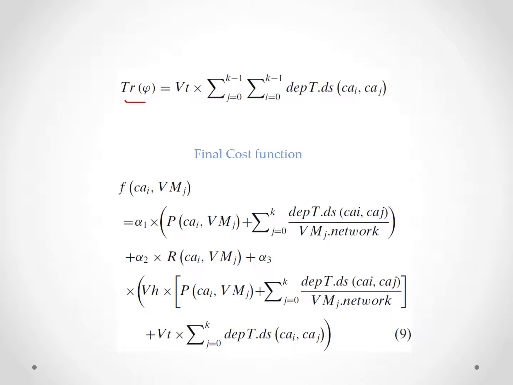This denotes the transfer financial cost, or the total amount to be paid for data transferring. In this is the value to be paid per unit of transferred data. Now we calculate the final cost function.